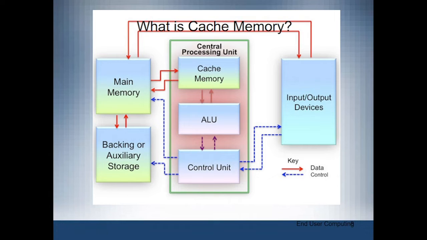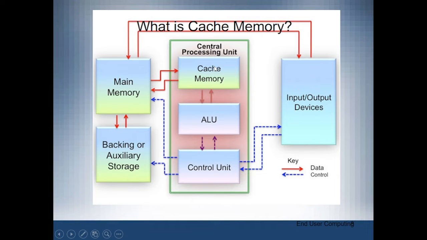So the cache memory is always found within the processor, right? Cache memory is closer to the processor compared to the main memory, which is a little bit far from the processor. So when the processor is fetching instructions, it first checks the cache memory for the available instruction before it checks the main memory.